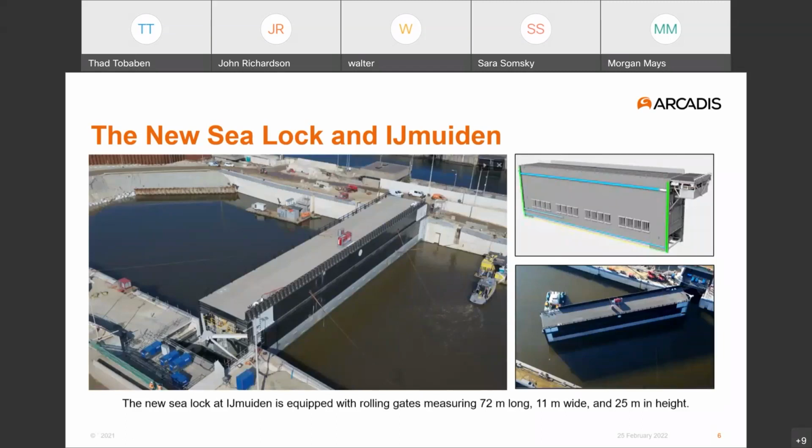The focus of my presentation will eventually move to the design of these lock doors.